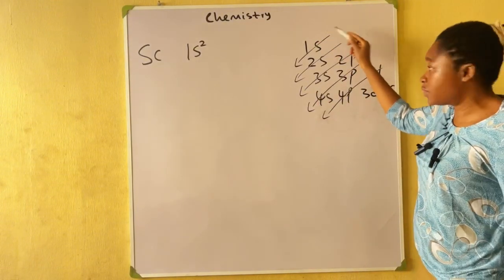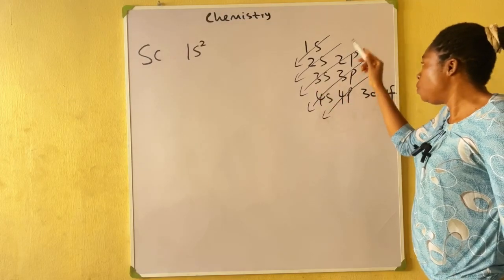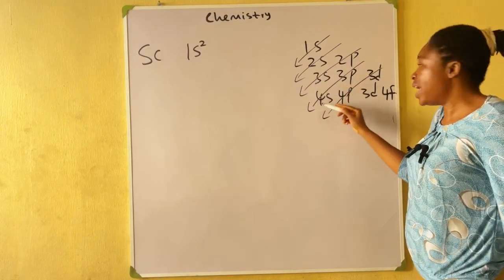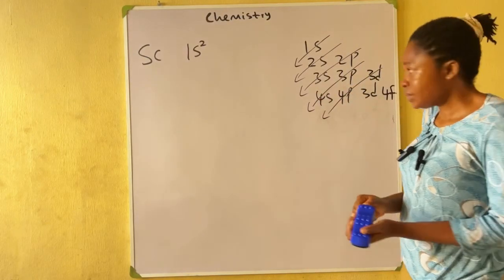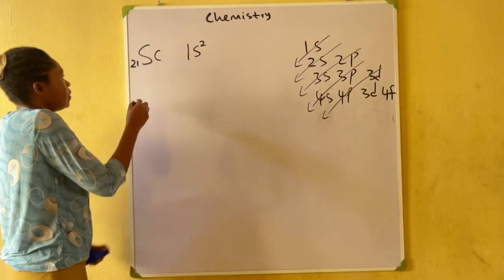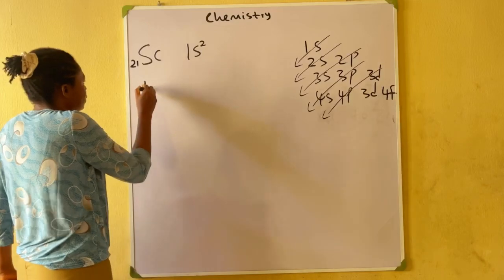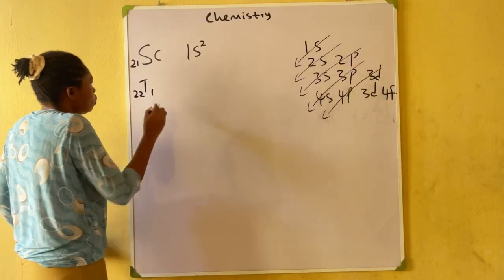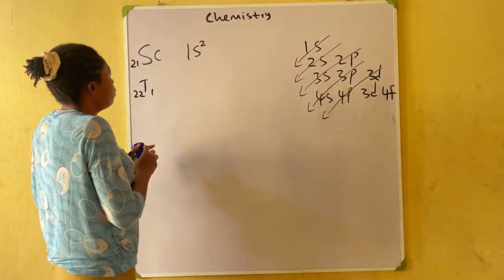So fill this one first, followed by 2s, 2p, 3s, 3p, 4s, 3d. So let's get scandium. Scandium is 21, titanium is 22. Let's start with scandium.